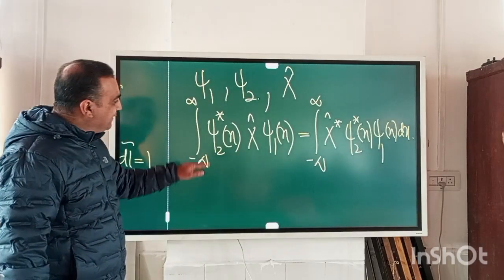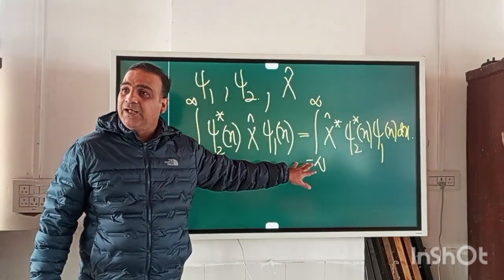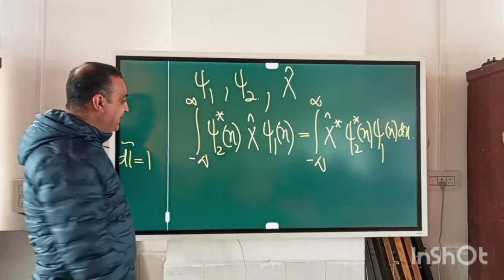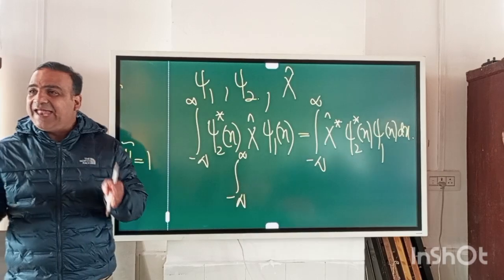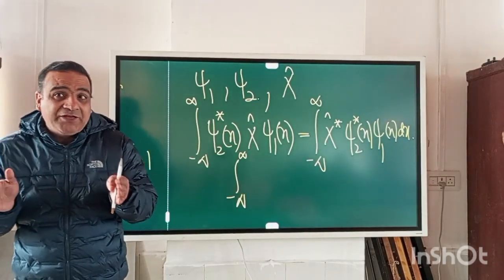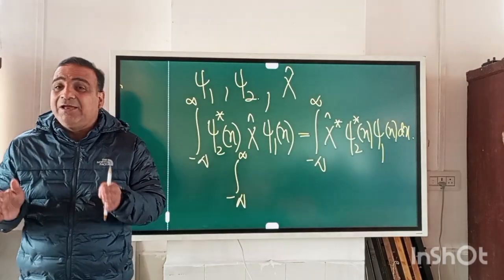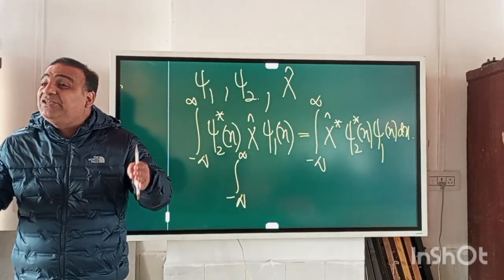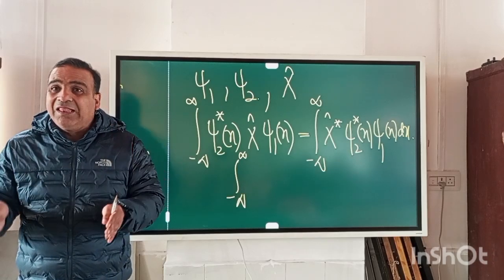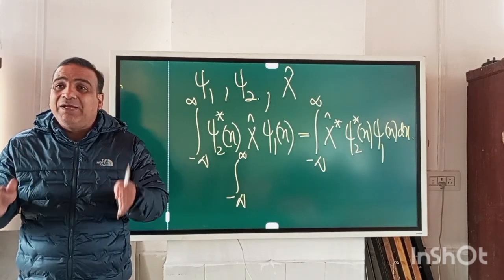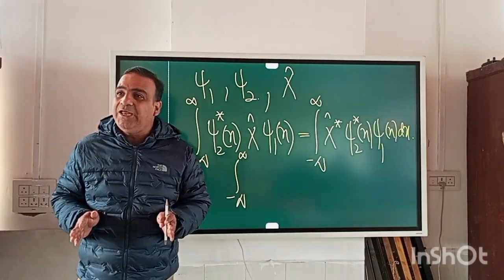What is to be presumed in this equation is that these wave functions, the two wave functions we are now dealing with, must be well established and completely normalized wave functions. So the wave functions should be normalized.